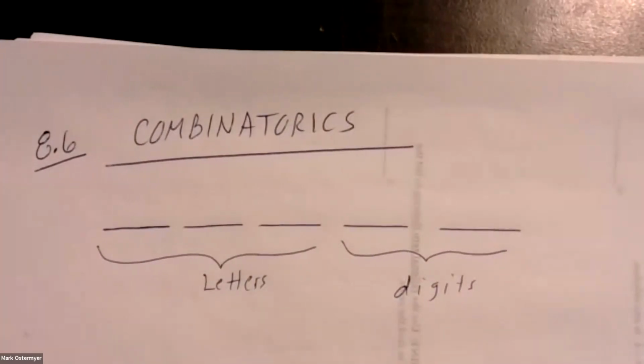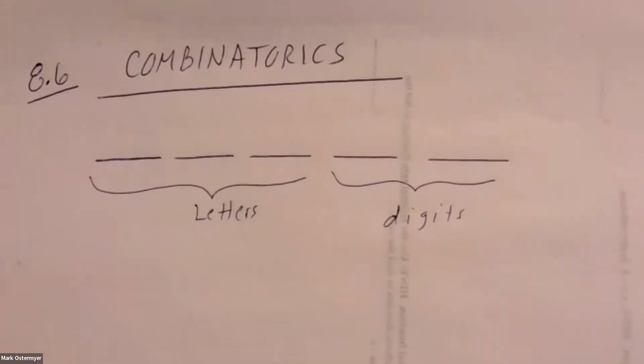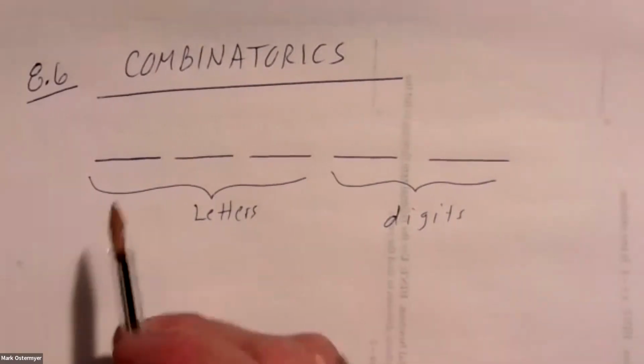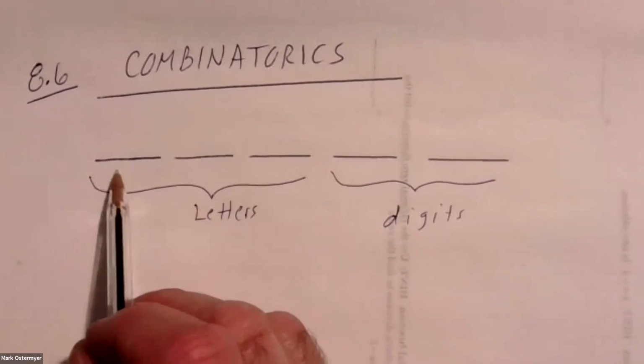All right, we will assume that our letters are lowercase letters because most passwords have lowercase. I have a question for you. How many lowercase letters from the alphabet can occupy the first slot? How many letters are in the alphabet? 26.